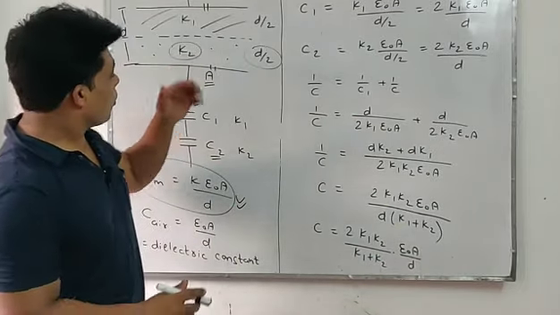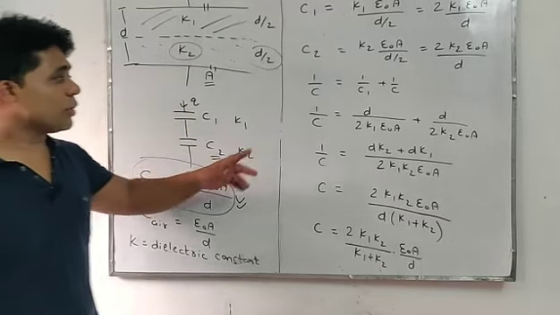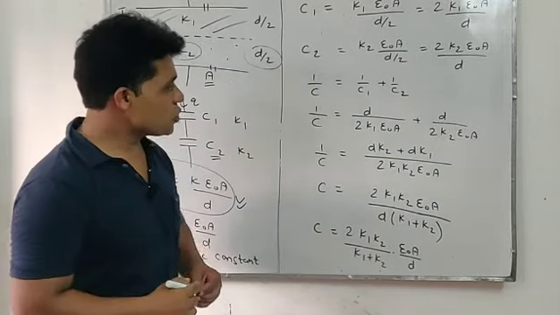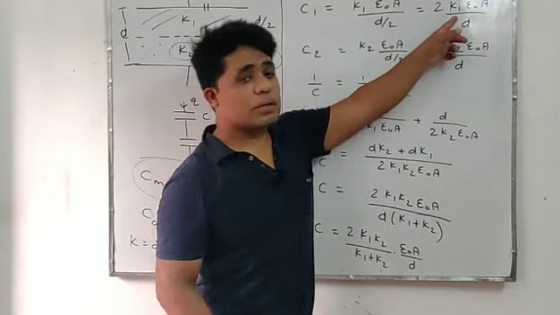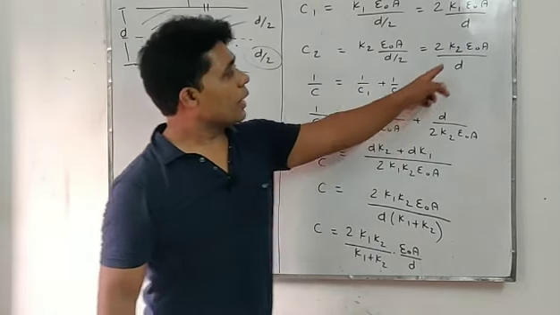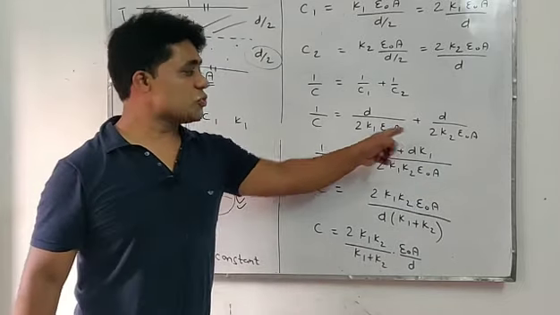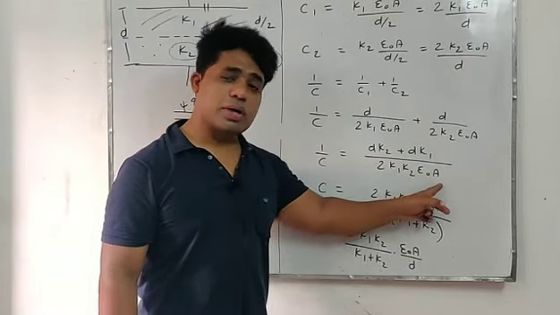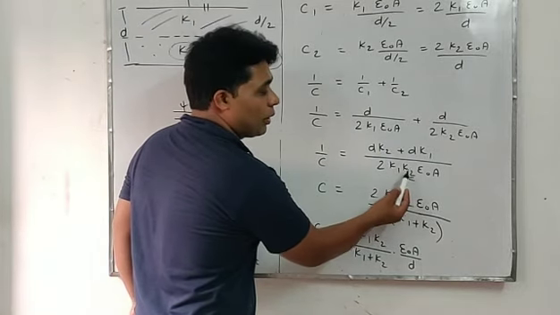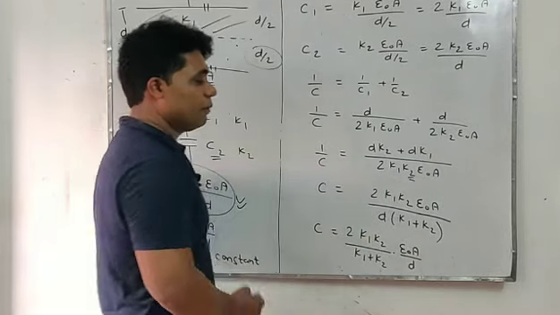Now students, when we cut horizontally, both come in series combination. This is the equivalent capacitance in series combination. For C1 we take the reciprocal, D by 2 K1 epsilon A, and for C2, D by 2 K2 epsilon A. Now we take the LCM as 2 K1 K2 epsilon A. 2 K1 epsilon A cancels out, only K2 remains. K2 multiplied with D becomes DK2, and then comes DK1.